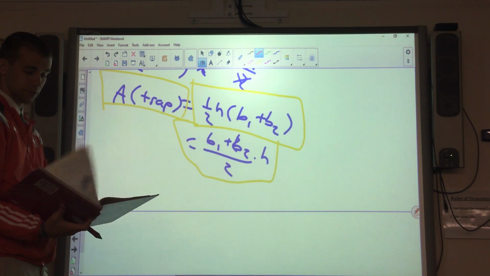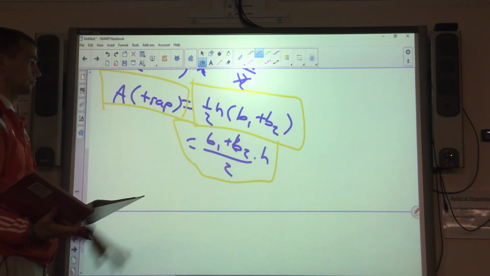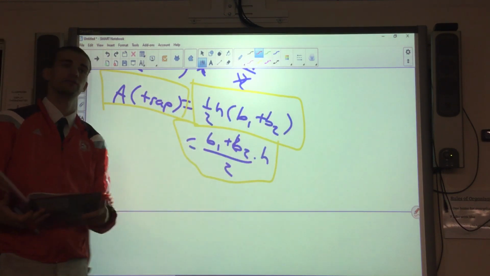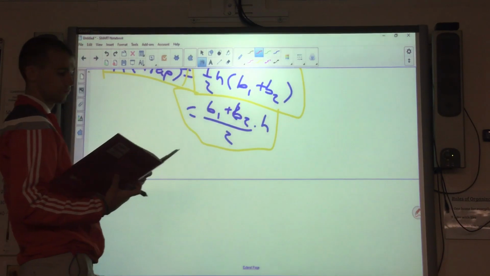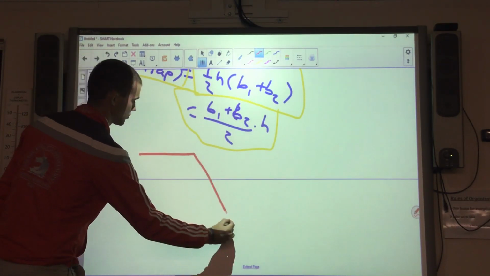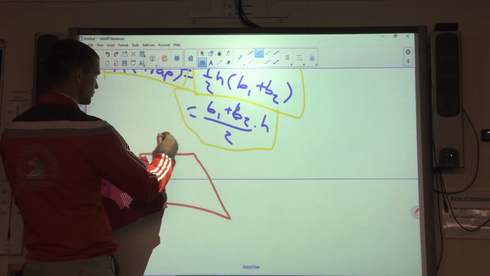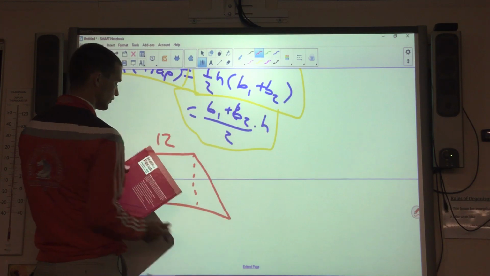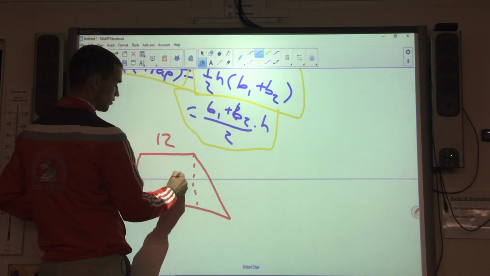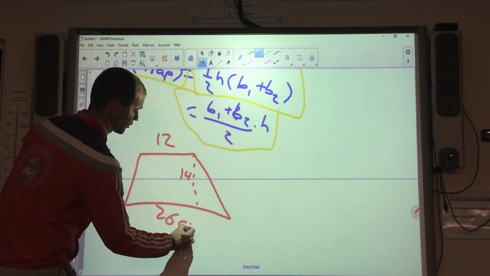Alright, the last thing is actually finding the area of a trapezoid, which once you have this formula is very simple. It is not an overly complex thing. This one's on the top of page 92, you can follow along in your book. It says, hey, this is 12, 14, and 26, and these are centimeters.